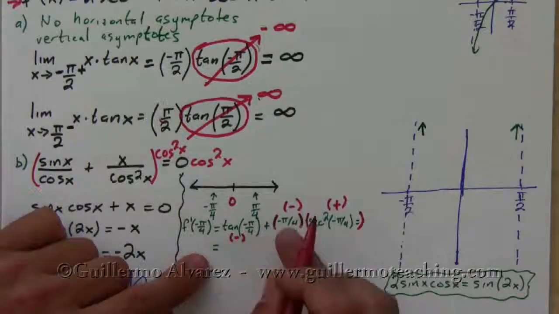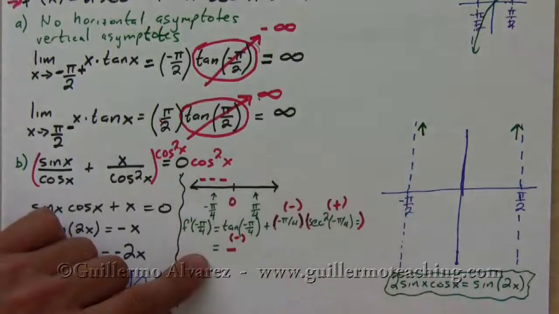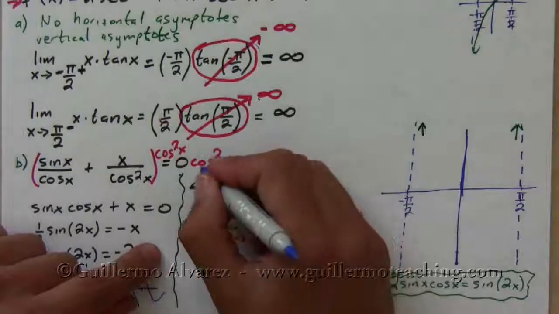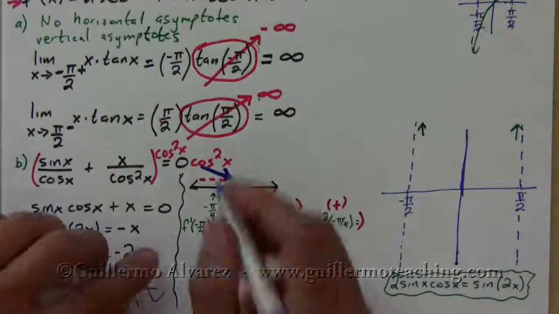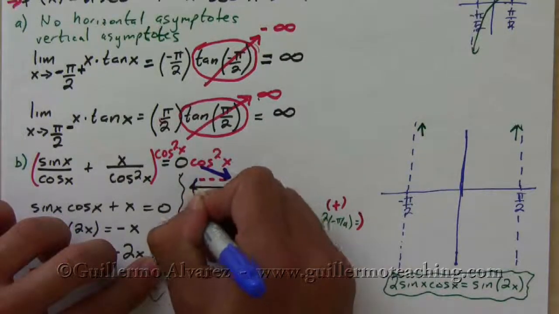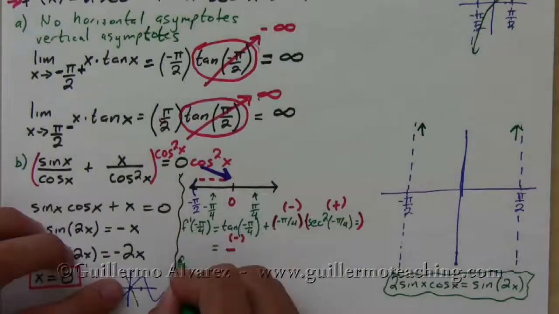So a negative plus another negative is definitely going to be negative. This tells me that my function is going to be decreasing from negative pi over 2 to 0.